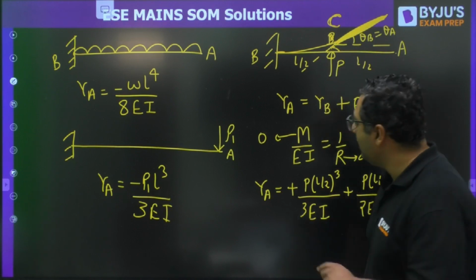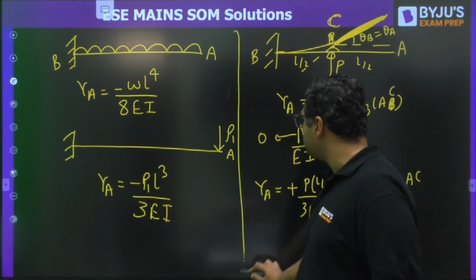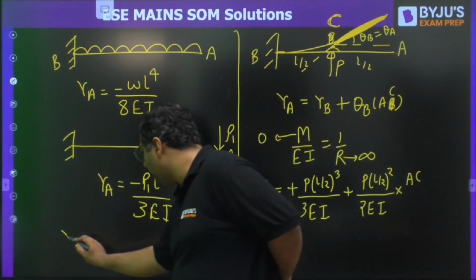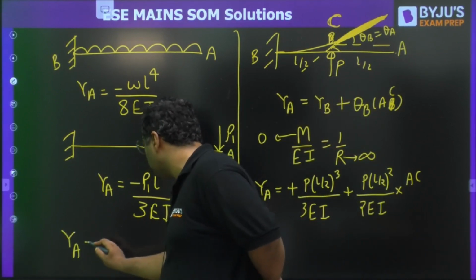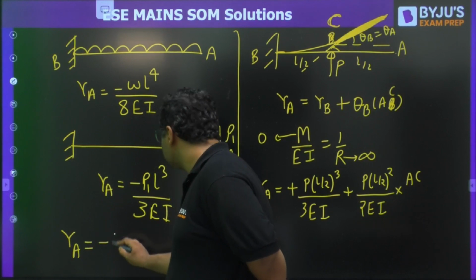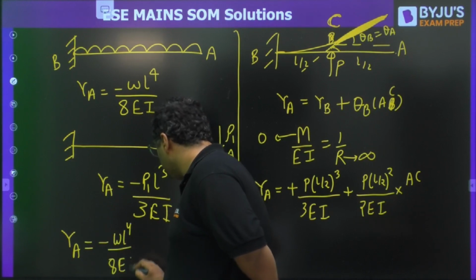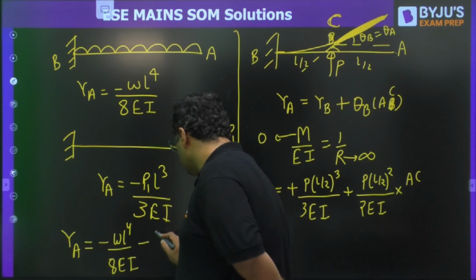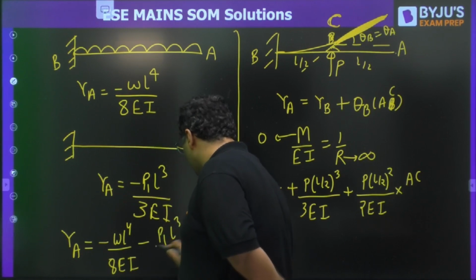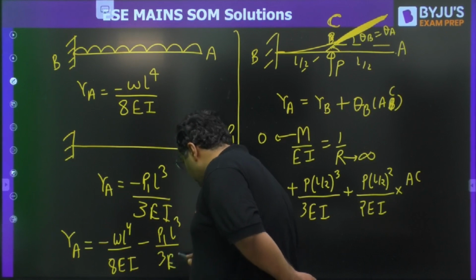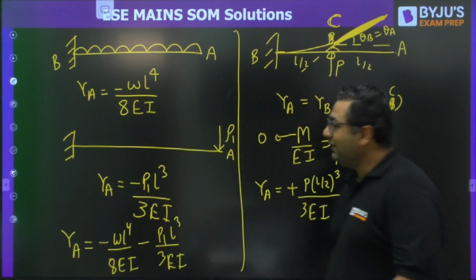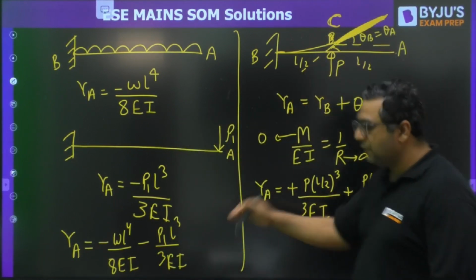So what he is saying, initially we have these two loadings. So initially the deflection at A will be equal to minus WL^4 upon 8EI minus P1 L cube upon 3EI. But when this is added, the deflection becomes half.